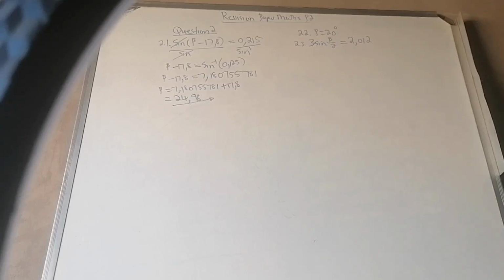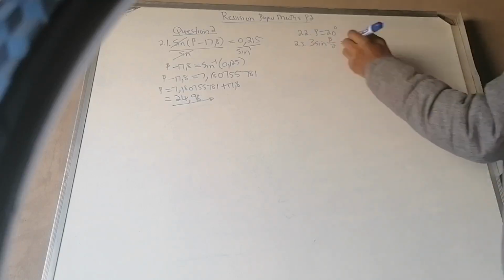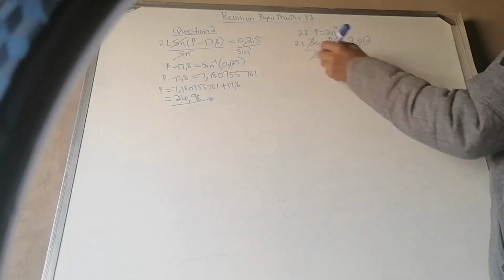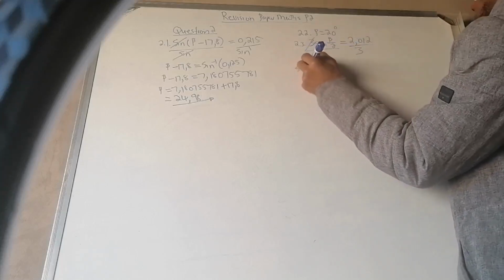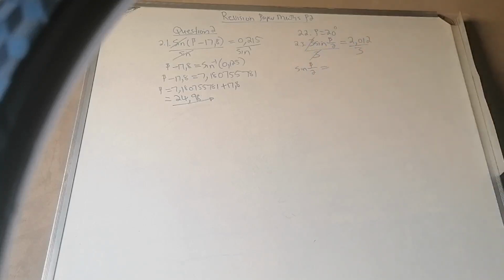The first thing is to get rid of that 3 by dividing both sides by 3. This goes once. You are left with sine beta over 2 equals 2.012 divided by 3.